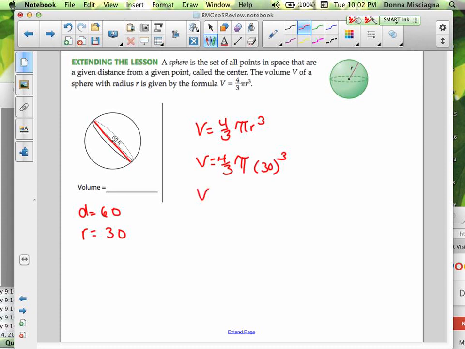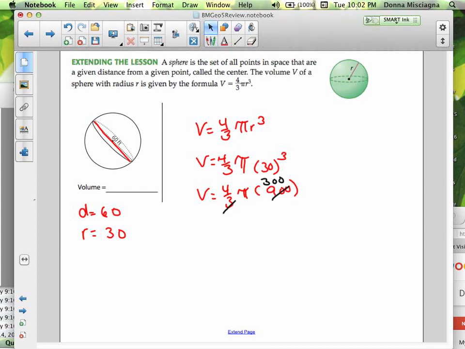Right, so that would be 4/3 pi times 900. Right, and so divide 3 into 900, that would be 300. And our final answer here is that the volume is 1200 pi, what is this, feet cubed.